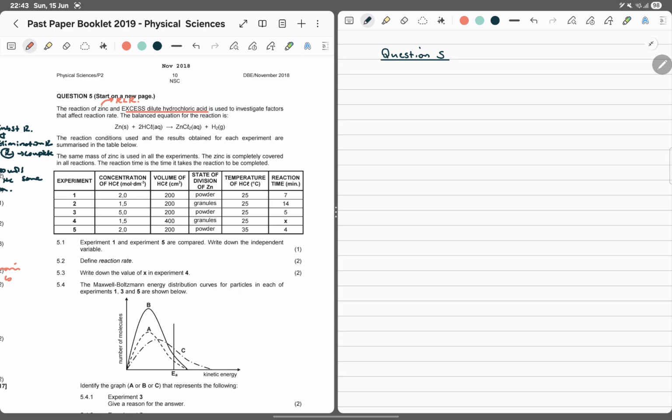So this is used to investigate factors that affect the reaction rate, and we know there's 5 of them. Now the student needs to know all 5, which is concentration, pressure when gases are involved, state of division, temperature, and catalyst involvement.